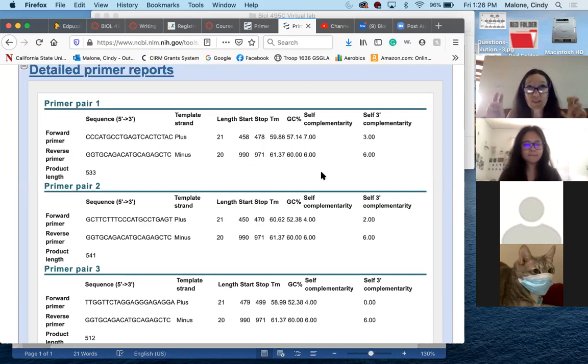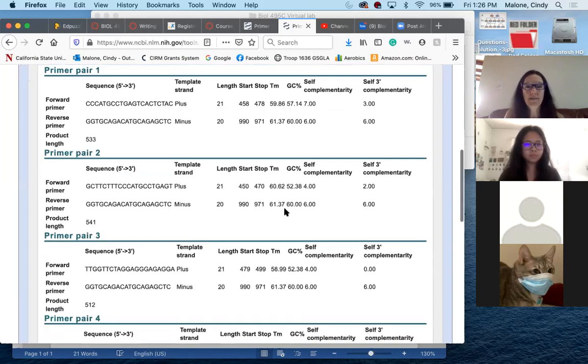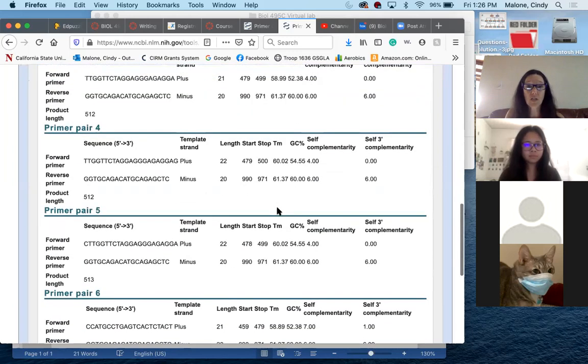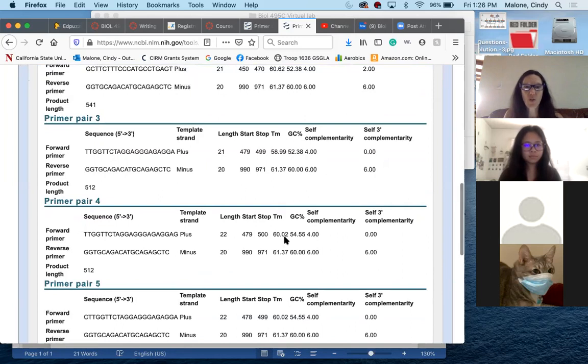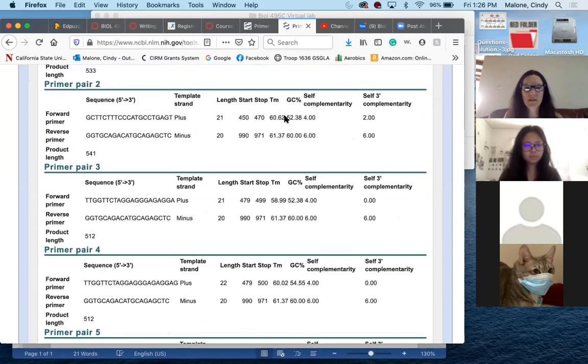The default says 3 degrees, which probably means most will work with that difference. But if we can get them closer, we'd pick the closer ones. So I like 60.62 and 61.37 better than 58 or 59. This is 60.02. Oh, this guy still wins.